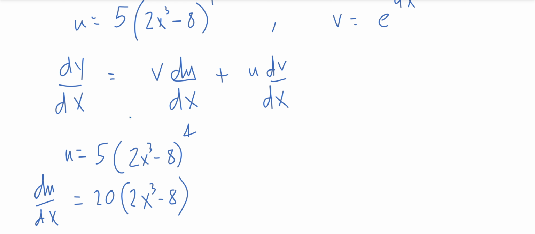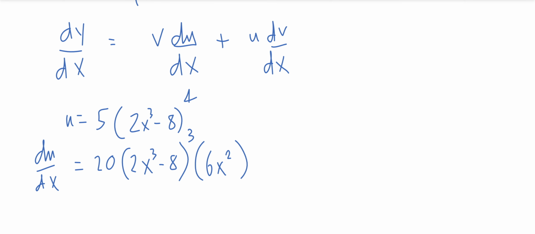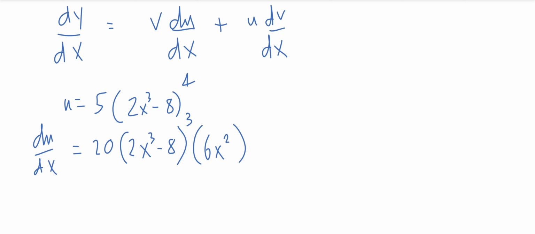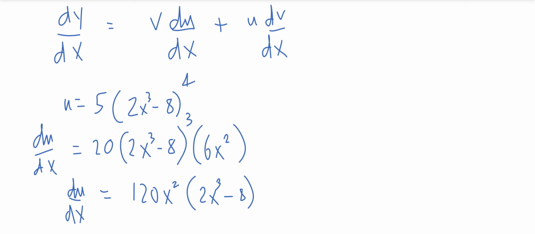So 4 minus 1 is 3. And then that multiplied by the inside of the bracket differentiated, which is 6x squared. And that can be simplified to du by dx equals 20 times 6x squared, which is 120x squared, (2x cubed minus 8), all cubed.